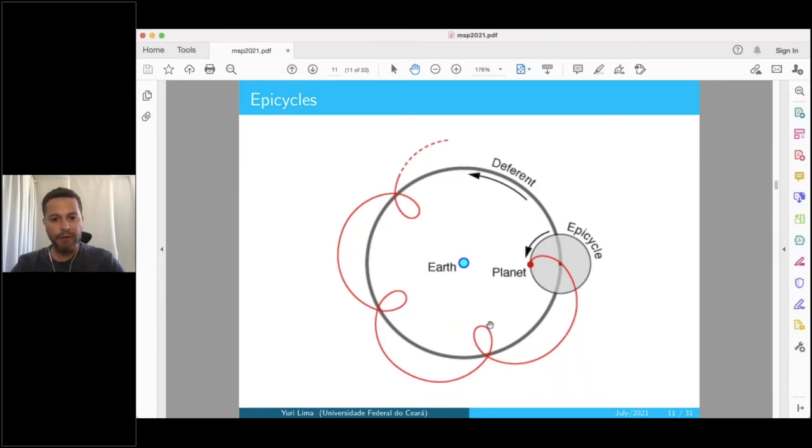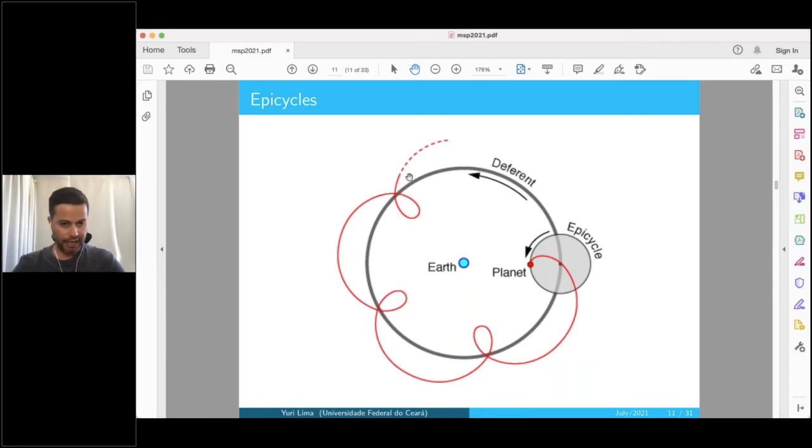So as you see, here is an example. You start moving this small circle around the big circle in this direction, and then when you see the movement of the planet, which is fixed in this small circle, but the circle is moving, you see from time to time all these retrograde movements here.